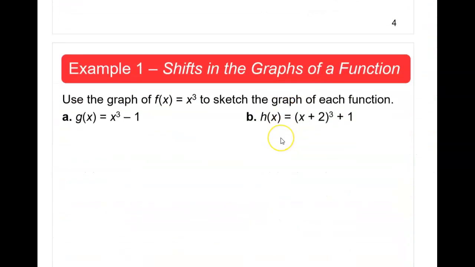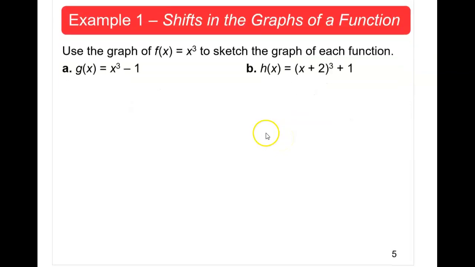Okay, so the next two graphs, we have the parent function right here, which is x to the third power. So it's either a cubic function, parent function of cubic functions, or a polynomial of degree 3. And so on the example on the left, we have a -1.